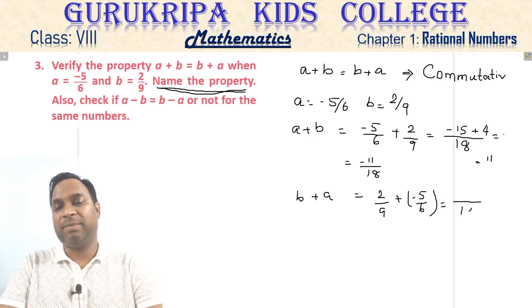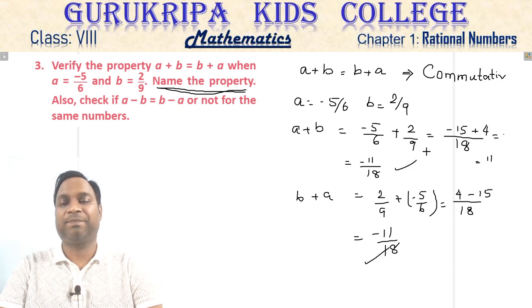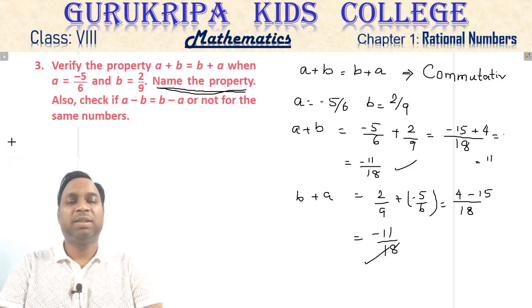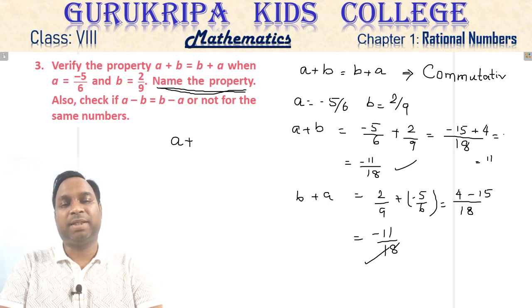Again LCM is the same, 18. What do you get? 4 minus 15, that is equal to minus 11 divided by 18. Both the answers are the same. Correct? So we can say A plus B is equal to B plus A. This is verified now.